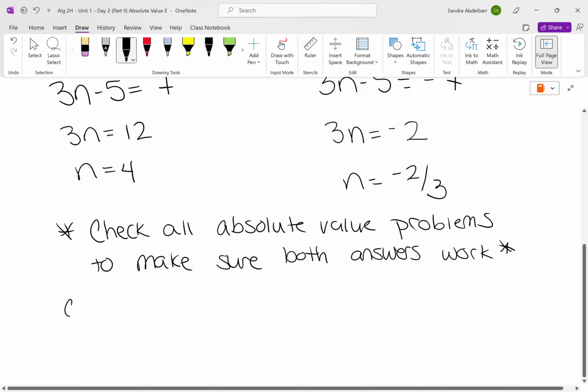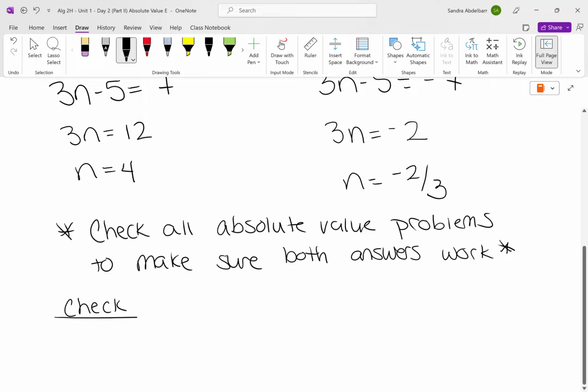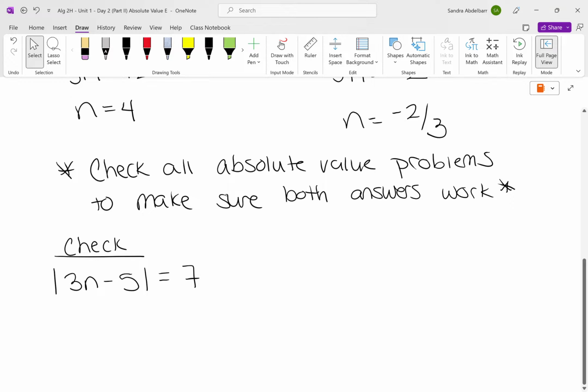So the way we check is we go back to the original equation, the absolute value of 3n minus 5 is equal to 7, and we substitute in our numbers.